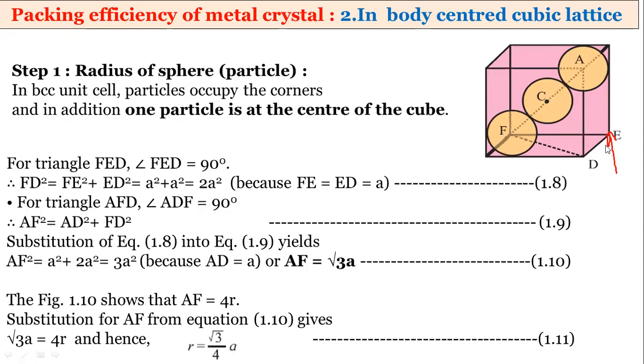This is FE side, and this is ED. This ED is equal to A. So it will be A square plus A square, which is equal to twice A square. This is according to the Pythagoras theorem.